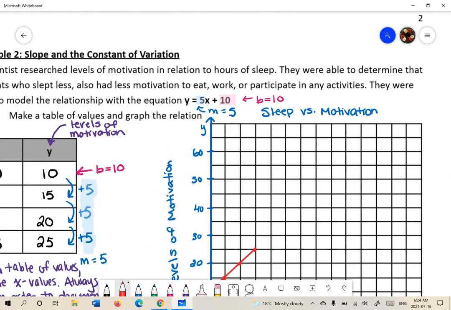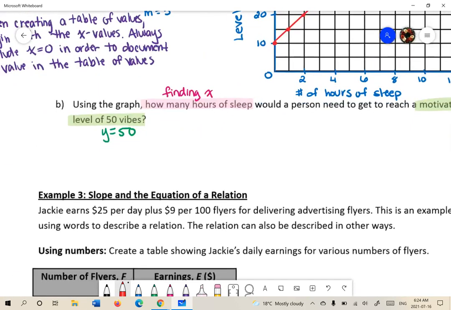Remember that we were provided the equation at the beginning of this question. So I can use that equation, y is equal to 5x plus 10. I can sub y is equal to 50, and I can find x.